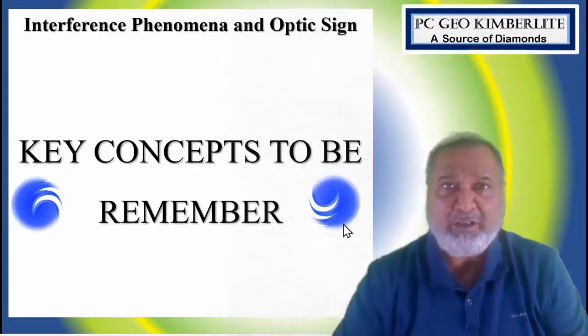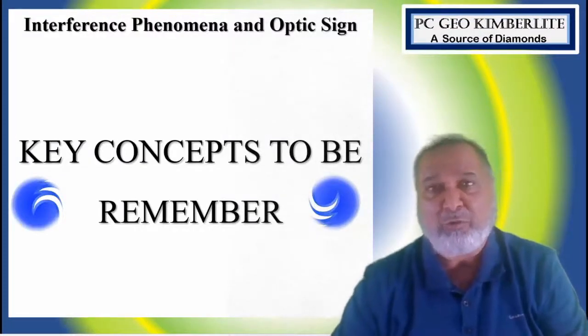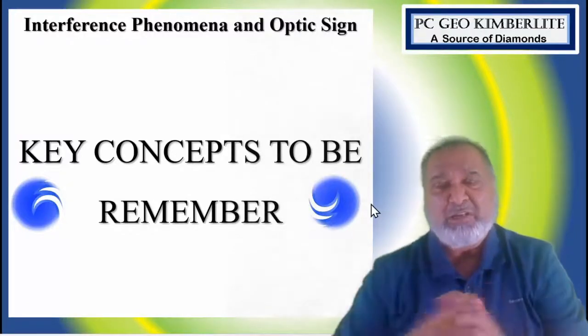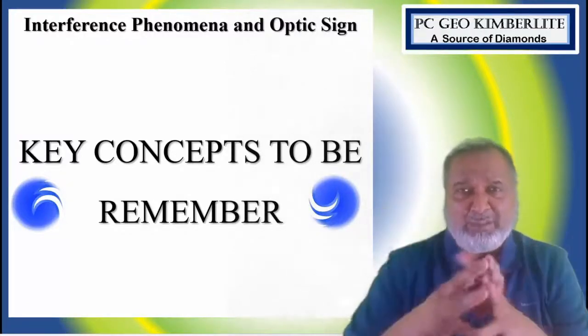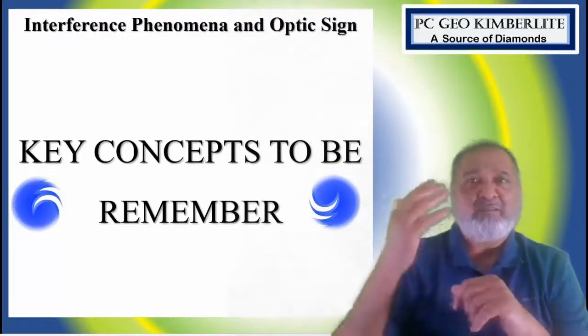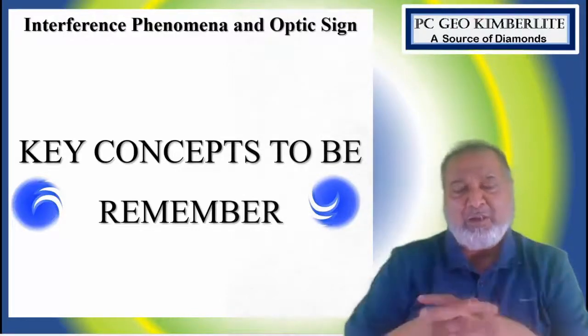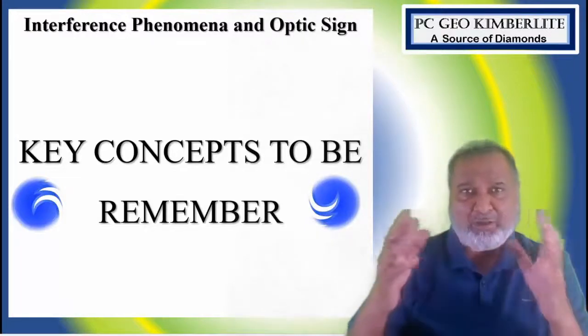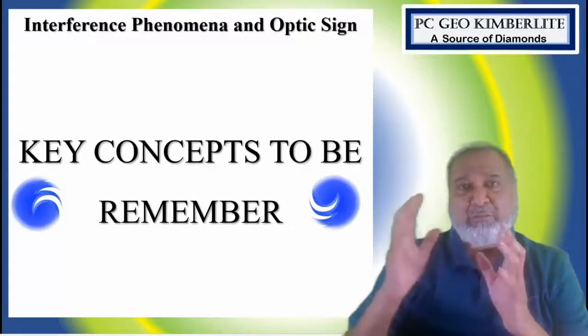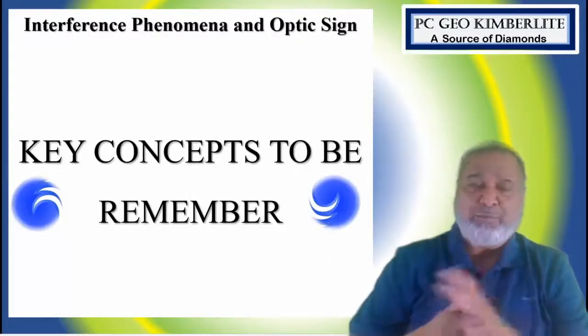Yes, now the very important one: interference phenomena and optic science. You have to remember certain concepts. I'm not going to start with the basics of what microscopes are and what the various parts are. I have already uploaded two videos on optics: the optical properties of minerals in plane polarized light, the seven properties.